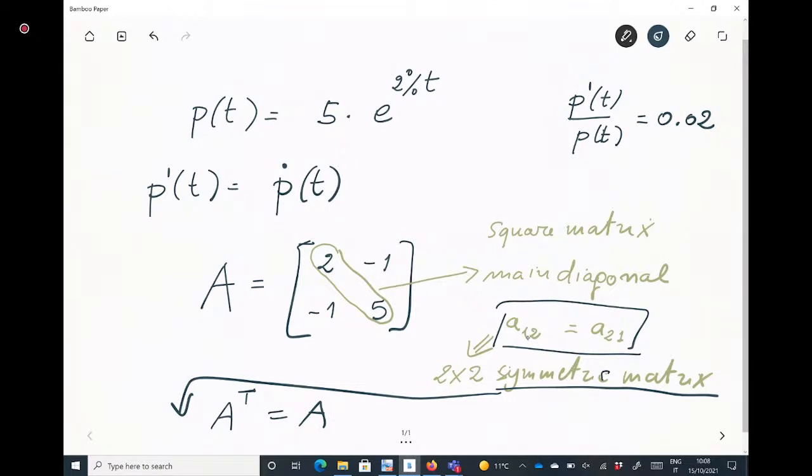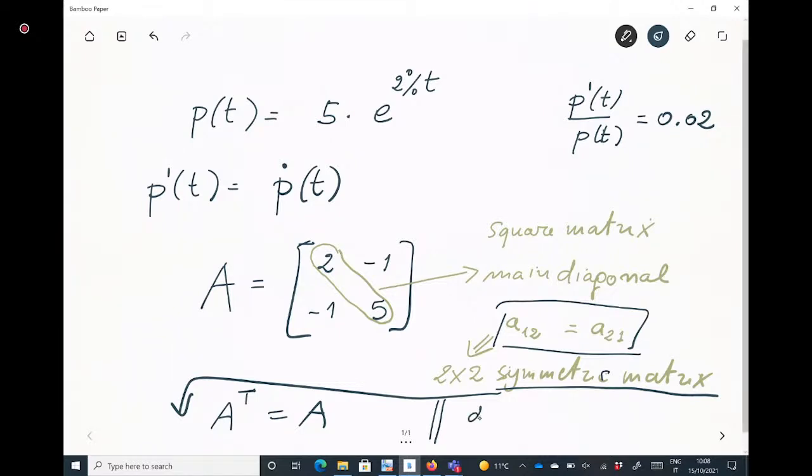If you exchange the elements A1,2 and A2,1, and they are equal to each other, and this happens for any other elements that are in symmetric positions with respect to the main diagonal, you can just say that the transpose of A is equal to A, and this is the property that defines a symmetric matrix, okay?